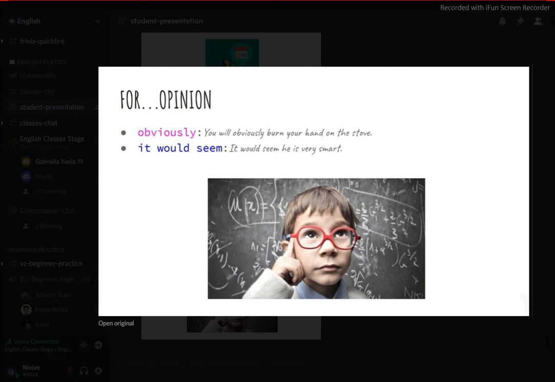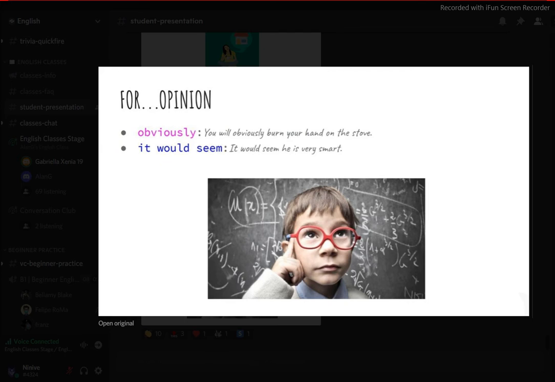Okay, here we have the last two words that are used for opinion. So let's say you are expressing your idea, so you can use these words in this occasion. The words are obviously, which is again another example of word formation.